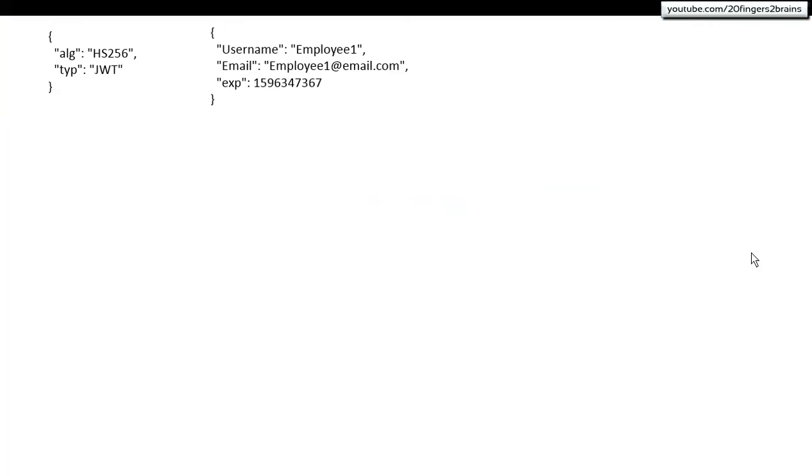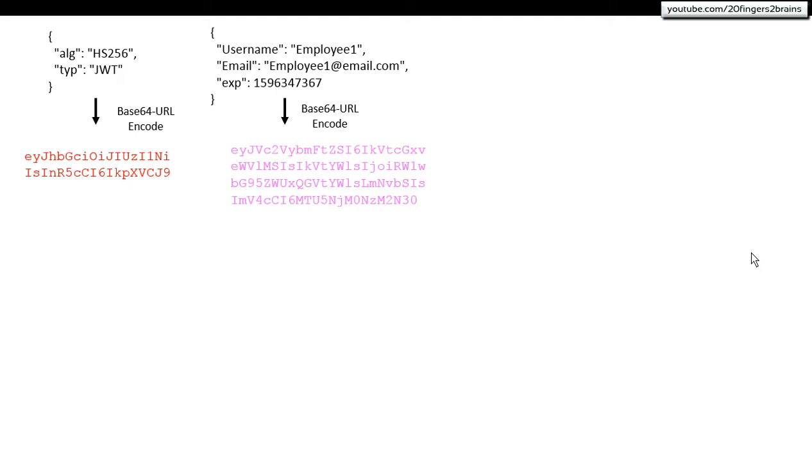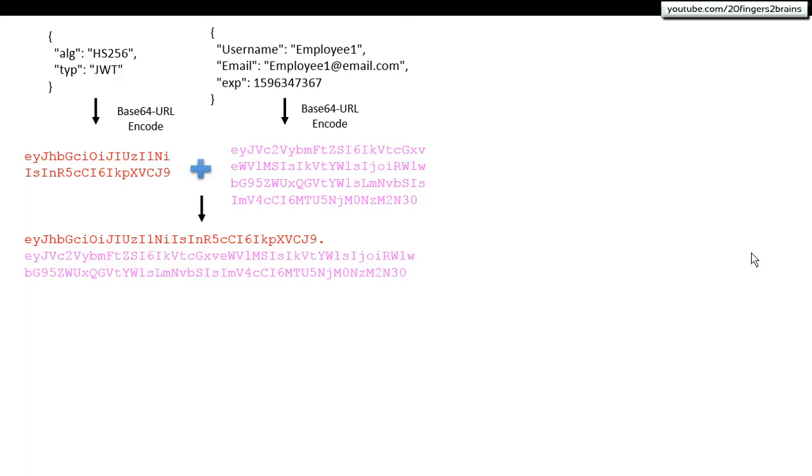So we have a JSON object on the left hand side, which is the header, and a JSON object on the right hand side, which forms our payload. Both of these objects are base 64 URL encoded to form individual outputs. These two outputs are then concatenated with a period to form the unsigned token, a token without a signature.